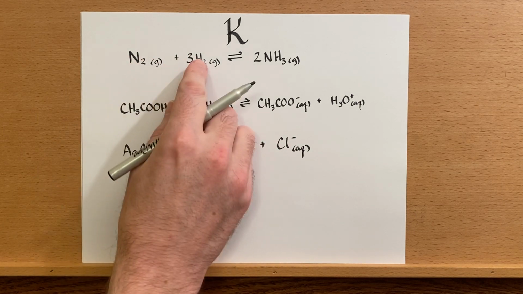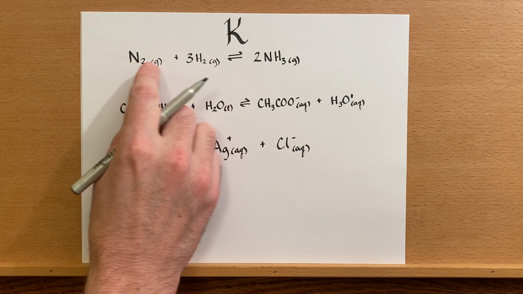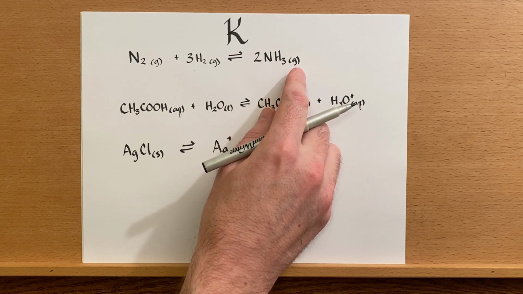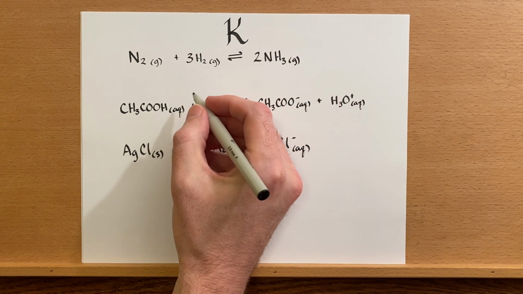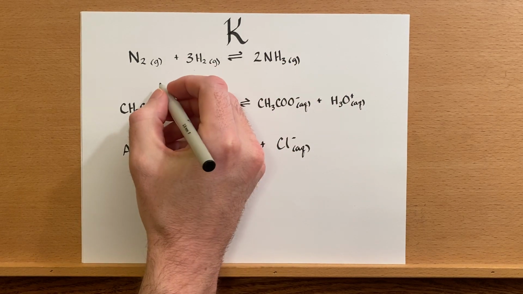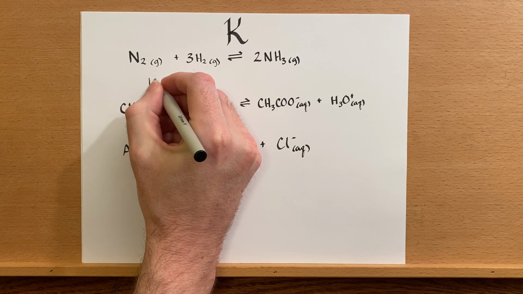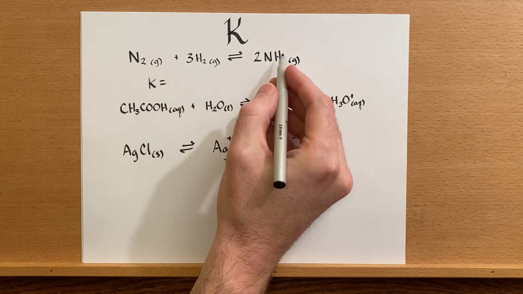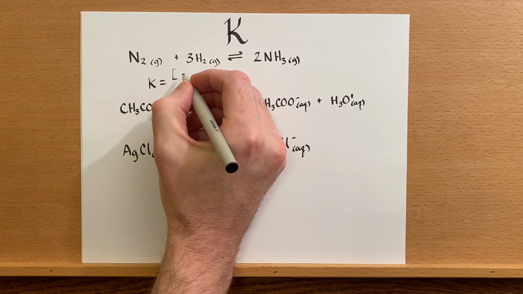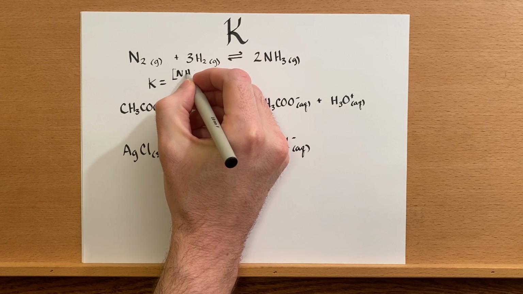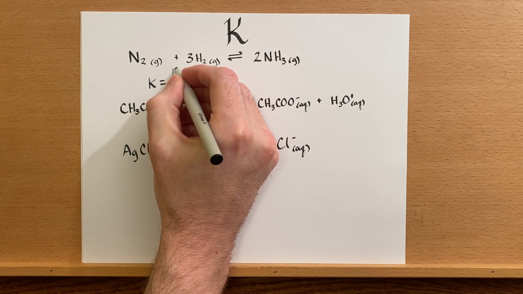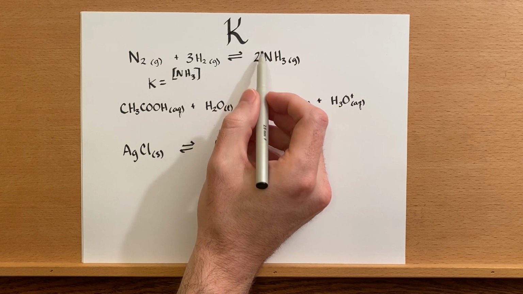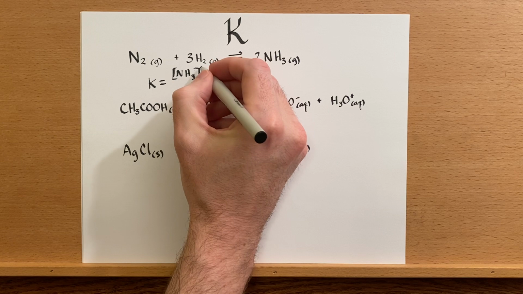We have nitrogen plus 3 hydrogen gases, well, both gases, going to 2 ammonia gases. Now this is a balanced equation. And here's how we would write the equilibrium constant expression. We would say K equals concentration of ammonia on top, because that's product, and then we raise it to the power of the stoichiometric factor, so this gets squared.